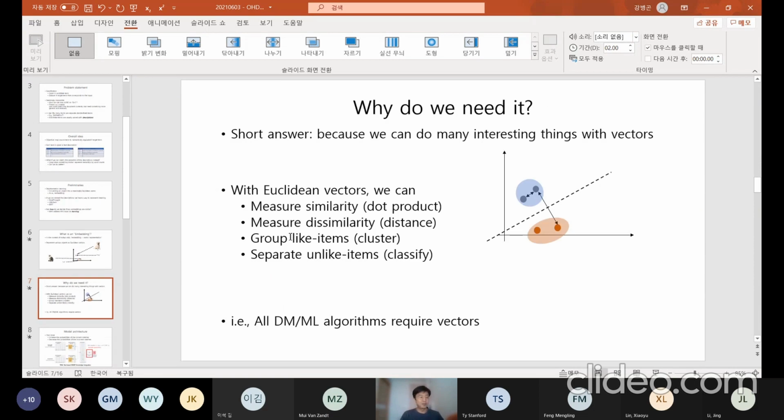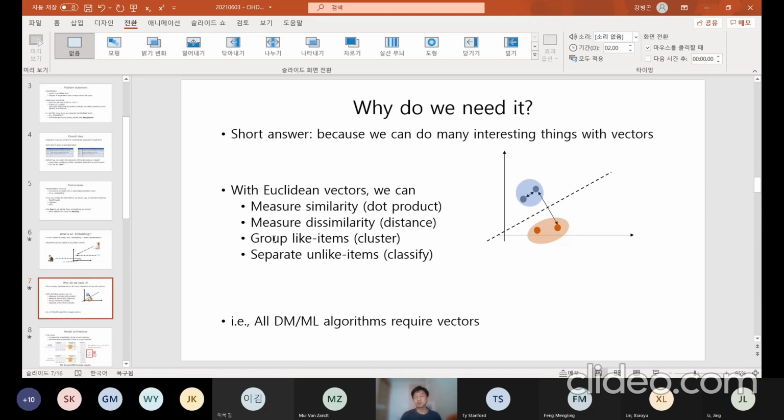It's a little bit of a math lecture, but if you have vectors, it's pretty easy to measure a raw level of similarity by using what is known as a dot product or an inner product. Also, if you have a vector, then you can measure distances, which means you have a way to compute a very simple form of dissimilarity as well.